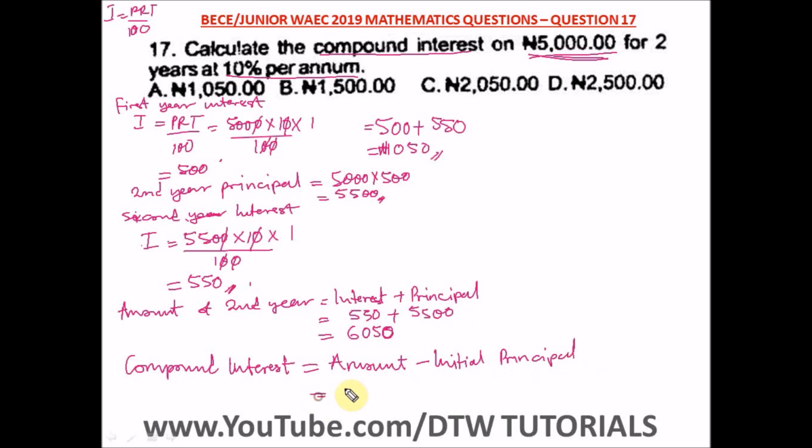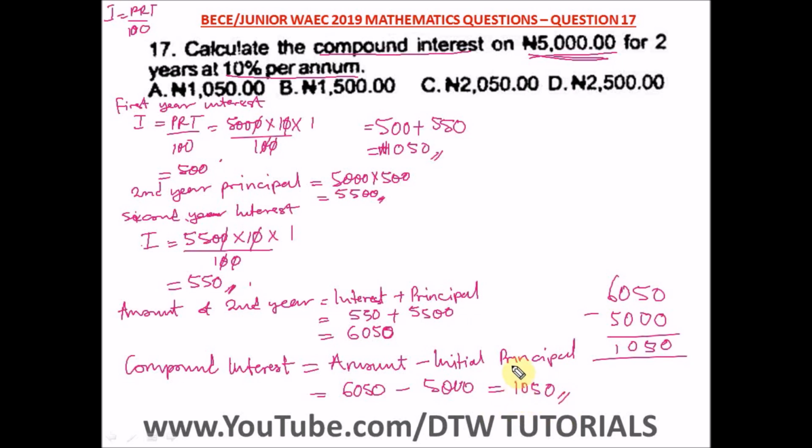So our last amount for the second year was 6,050 naira minus our initial principal, which is 5,000 naira. When we subtract this, we're going to have 1,050 naira, which is the same as this. Okay, all right, so this is our answer.